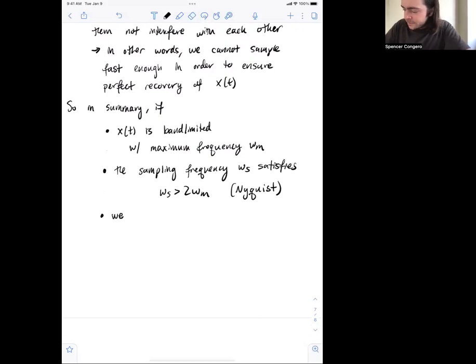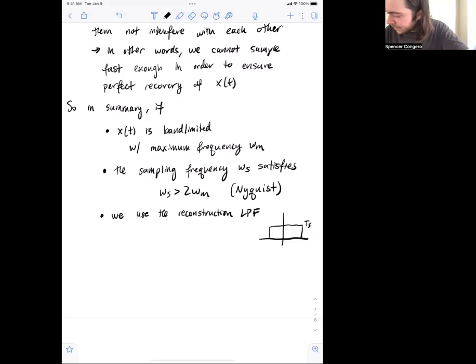Okay, we need to use the reconstruction filter, low pass filter. Let me just remind you what it was. It looked like this. So it had height T sub s, and it had these cutoff frequencies plus or minus omega sub c.